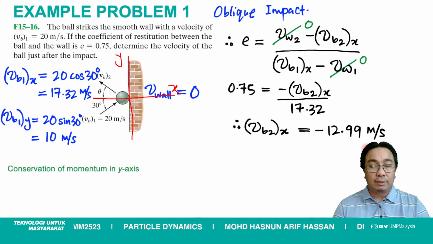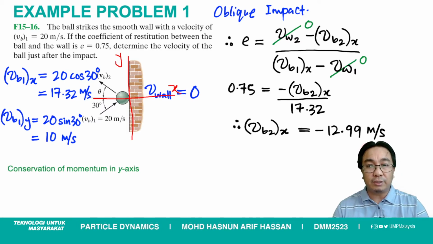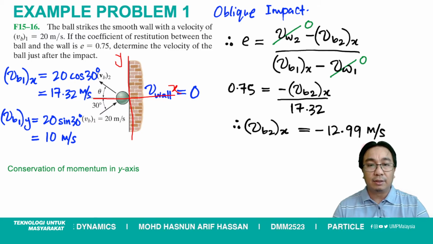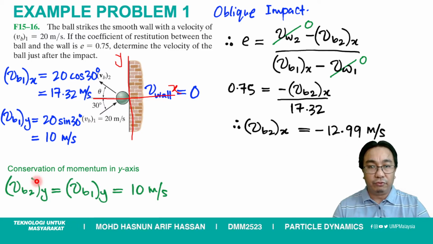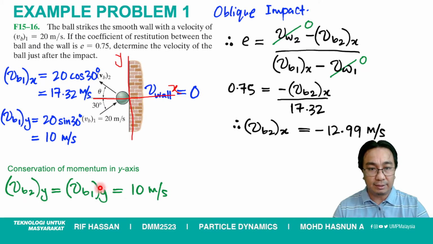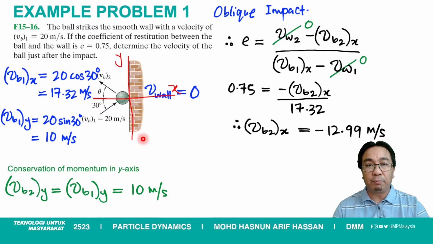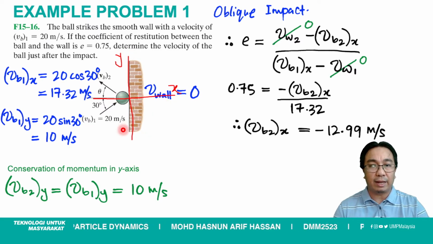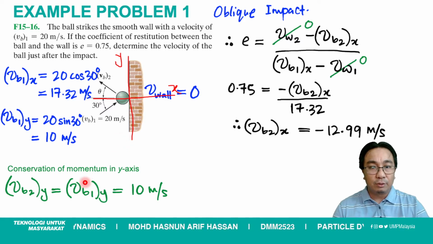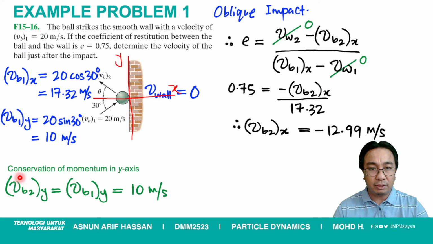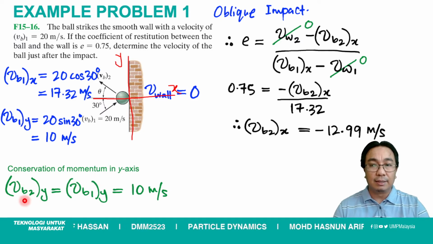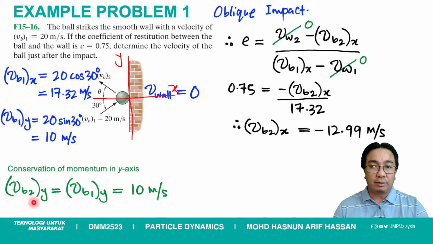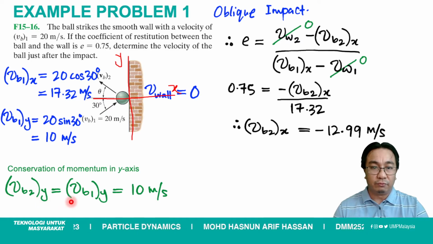Alright, so then we proceed with the conservation of momentum in y-axis, where we know that VB2y is equal to VB1y. This is why we need to define our coordinate system following the plane of contact and the line of impact, so that we can apply all of these equations. So conservation of momentum in y-axis: VB2y equals VB1y.